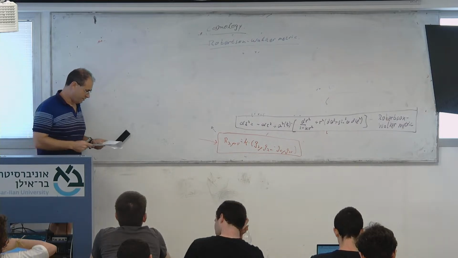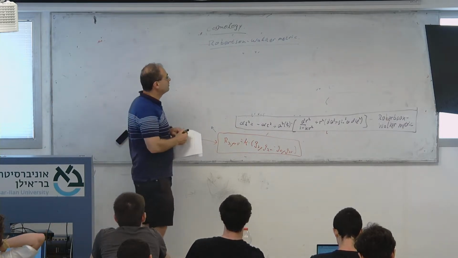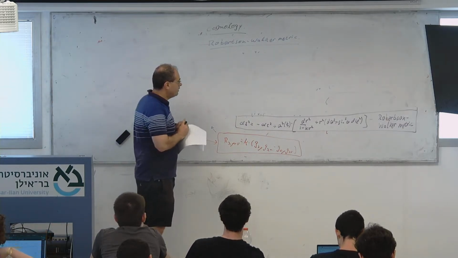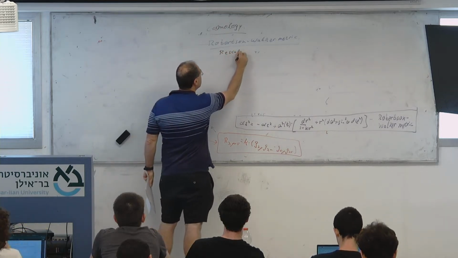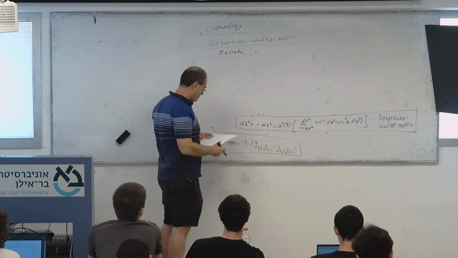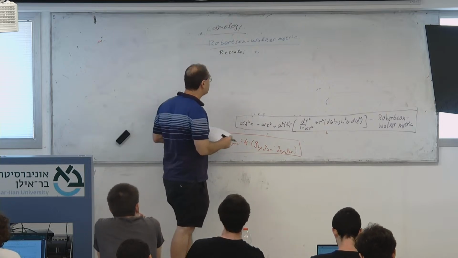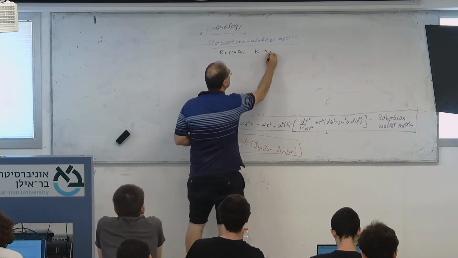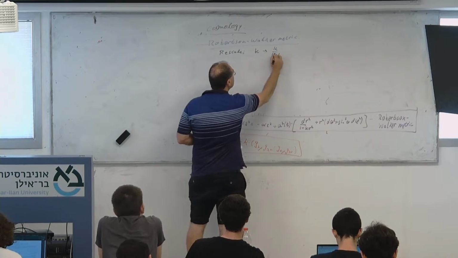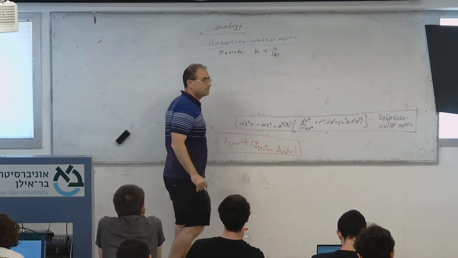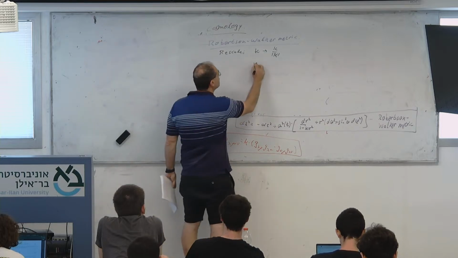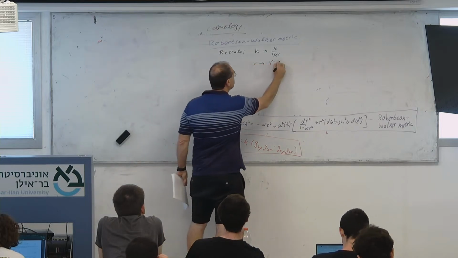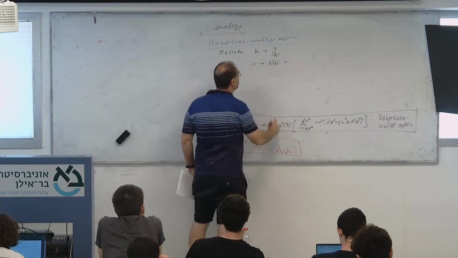Slowly, everything will be fixed. Now we can rescale. Rather than K, we can normalize it: K over absolute value of K. And then r, we can normalize to square root of absolute K times r.